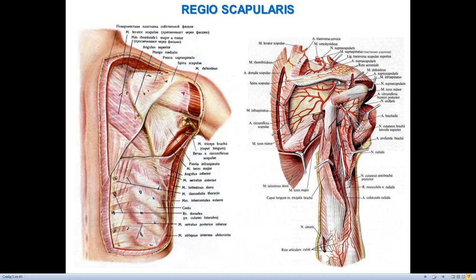The main part of the space is filled or occupied by the supraspinous muscle, musculus supraspinatus.